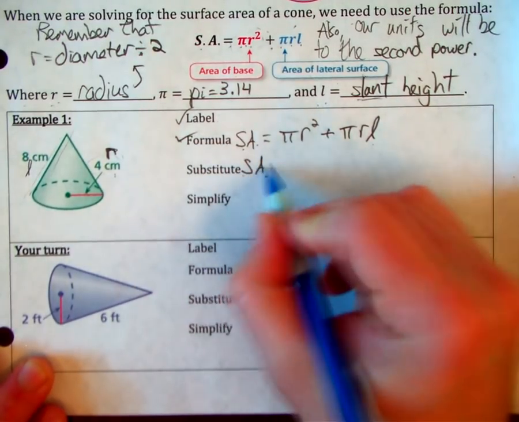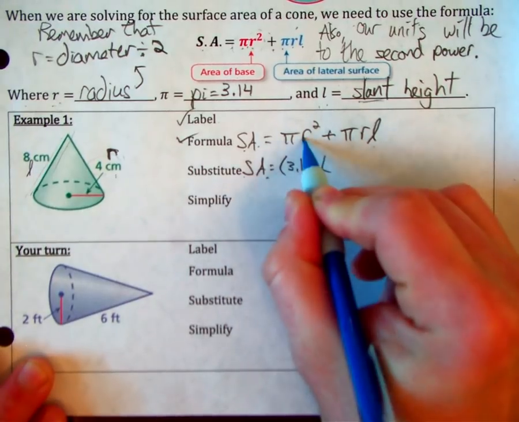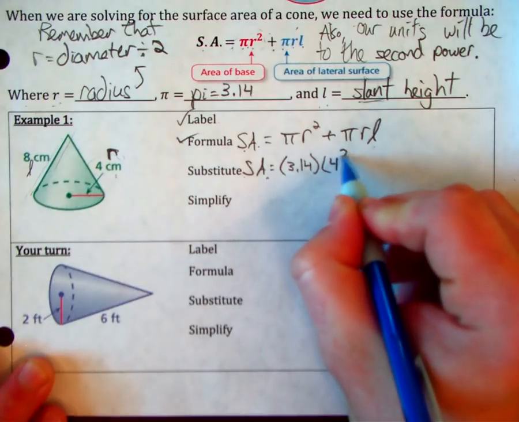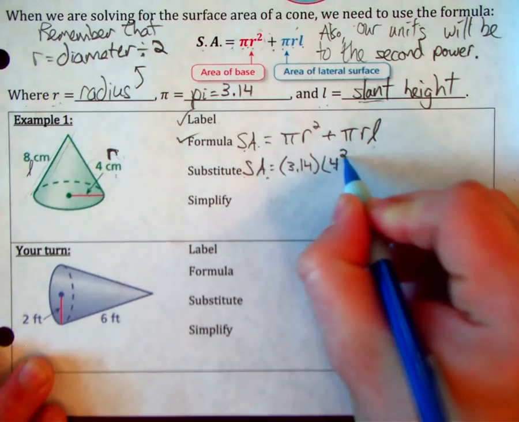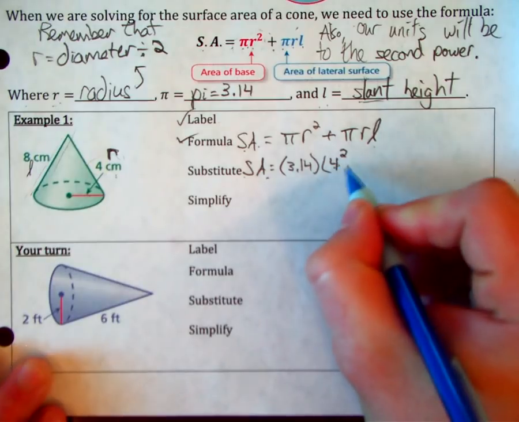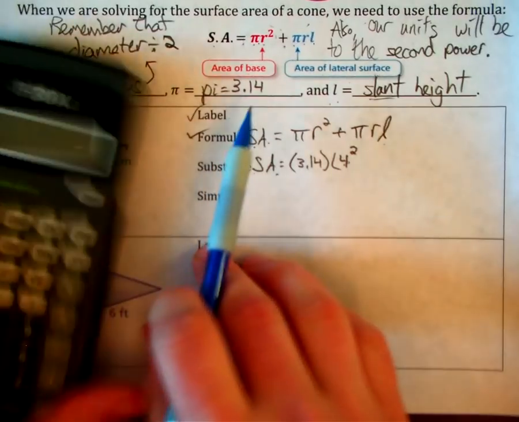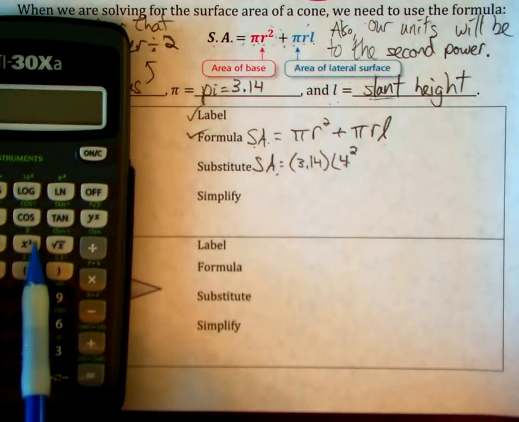So we have surface area equals 3.14 times, what's our radius? Well, it's 4 to the second power. Please make sure this is not 4 times 2. It is 4 times 4, or you could just use the second power button on the calculator. Again, that's the one next to the square root.